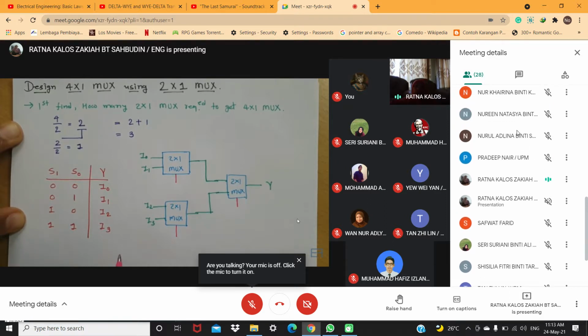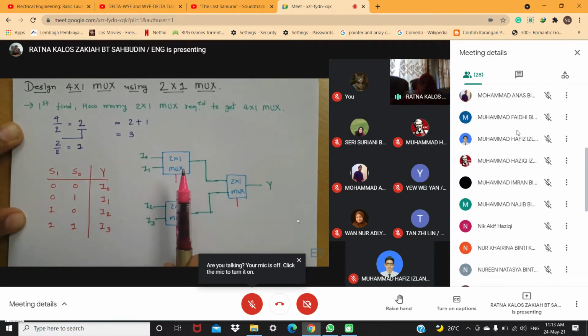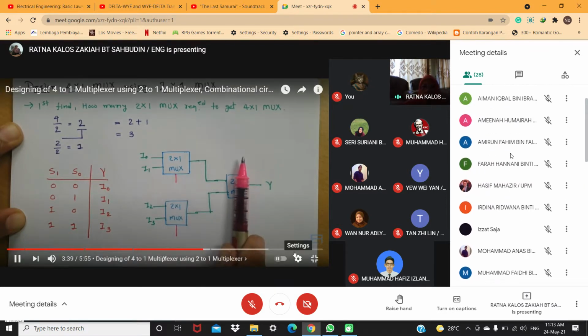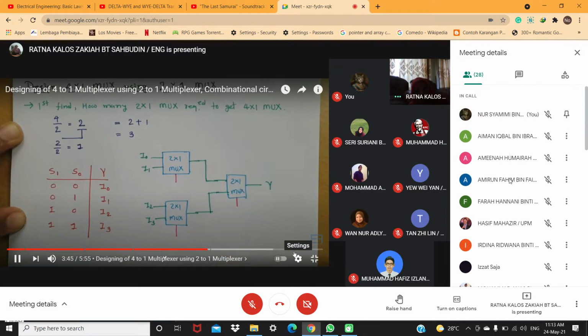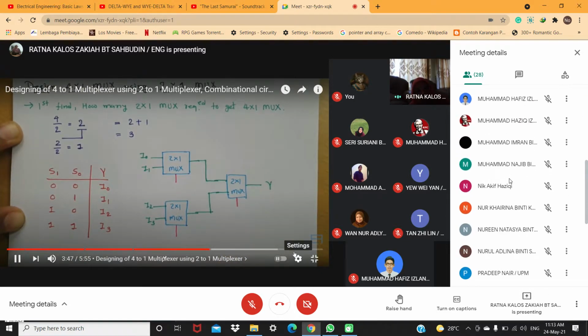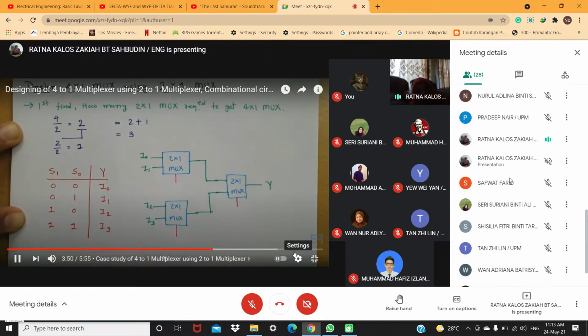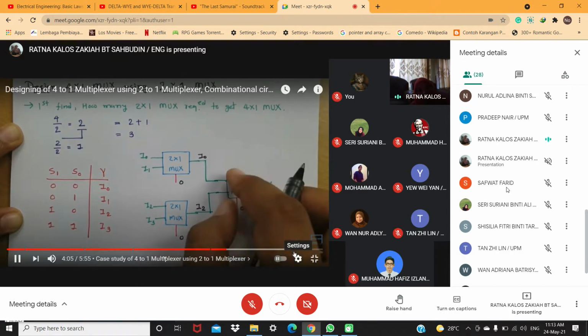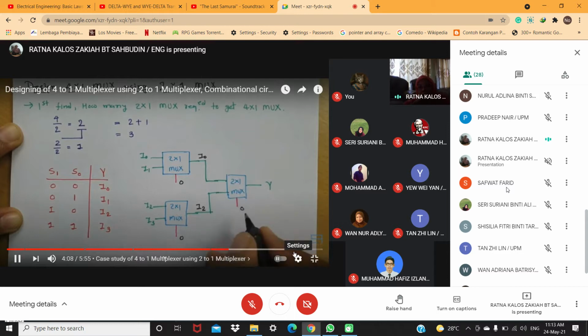Now how do we identify whether S1 is over here and S0 over here, or S0 over here and S1 over here? For that, let me give you some cases. Consider this is 0 and this is 0. From this multiplexer I0 will get selected, from this multiplexer I2 will get selected, and this will be input to this multiplexer, and as this is 0, I0 will get selected.